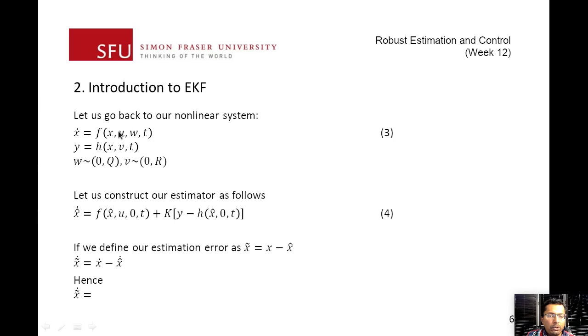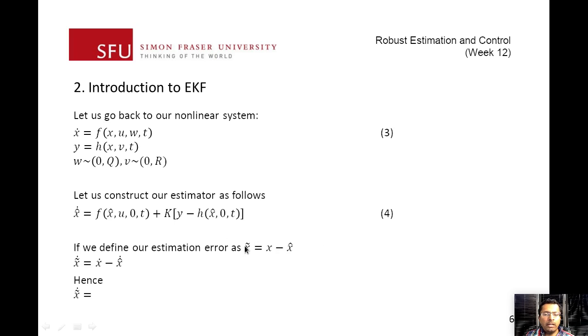We assume we know the input u, so that goes in here. Since I'm estimating x, I put an x hat here. The best estimate for w is 0 because it's a zero mean process. Then we have K, the linear gain that we give, times y minus h of x hat, and the expected value of v is 0. We then define our error x tilde as x minus x hat.